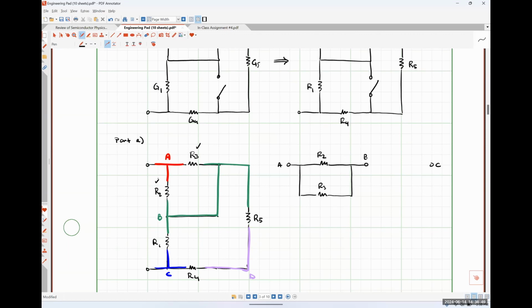To go from B to C would go through resistor R1. I also have the path from A to D to C. So I'm going to put D down here. To go from A to D is through resistor R5. And to go from D to C is through resistor R4.